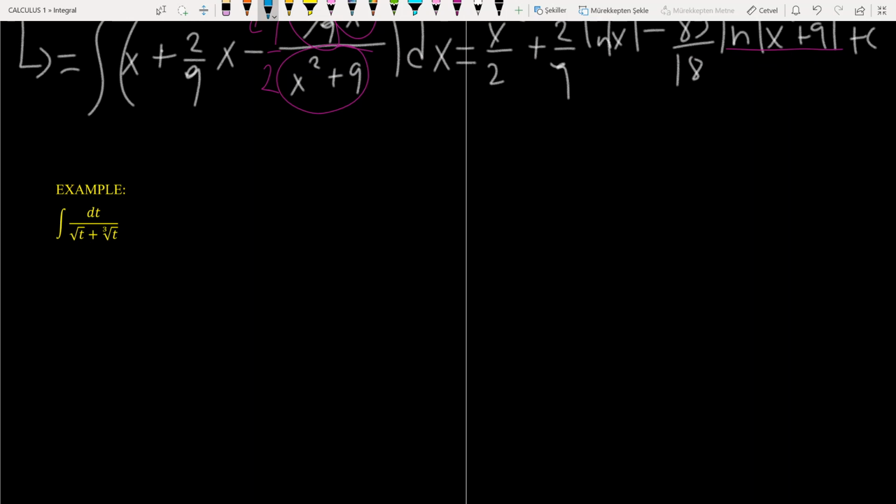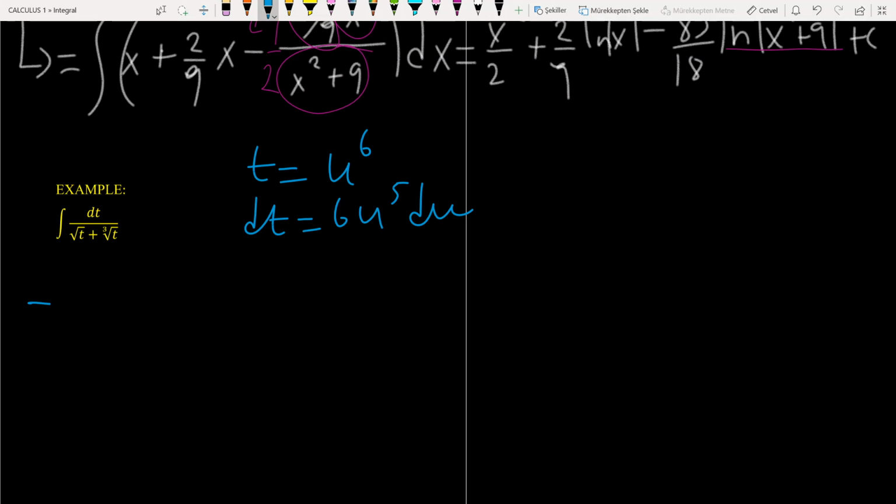That is, to get rid of all these root functions, let's say t is equal to u to the power 6. Okay, so dt becomes 6u to the power 5 du.